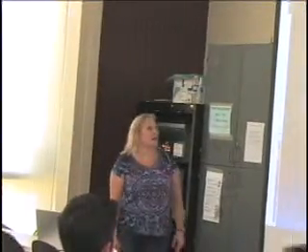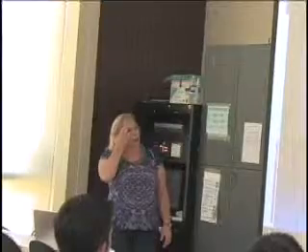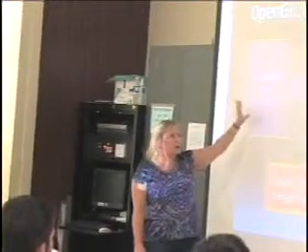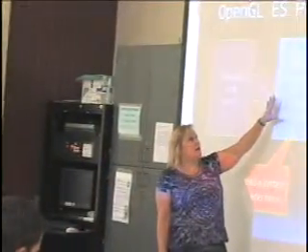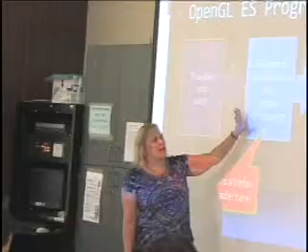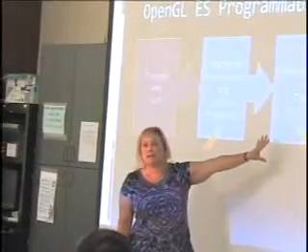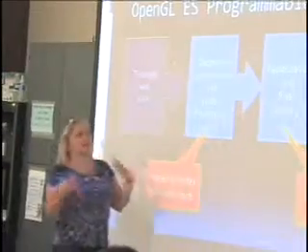So here's what that OpenGL ES programmable pipeline would look like. It still looks like the same thing across the top. We are going to draw a triangle, we're going to have 3 vertices, so we're going to give it these transformations for the geometry and the vertex processing. We then go into the rasterization of how it's going to figure out which pixels actually have to be colored in. So that's the same.